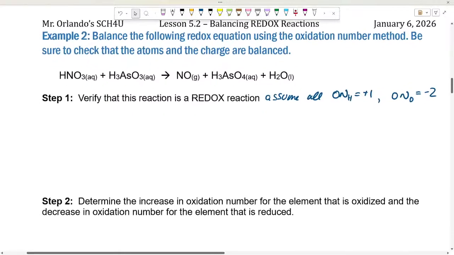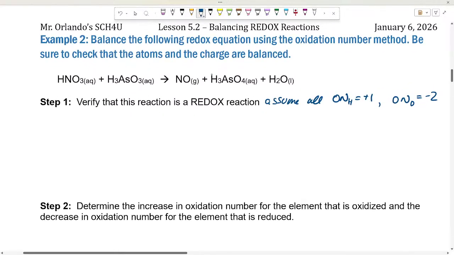All right? Because the only thing we'd look for is if we had H as the negative ion, if we had chromium hydride or something, then it would be negative. And if we had any real oddball oxygen things going on, but we don't here. So this is a safe assumption. You'll learn how to spot the cases when these aren't true.